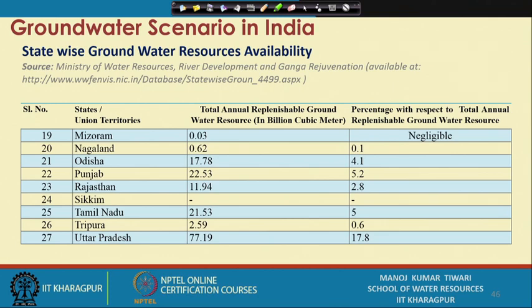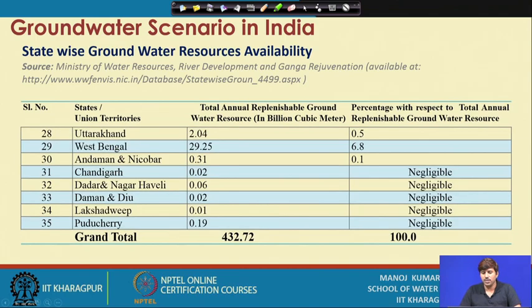In this regard, UP is one of the major states in the Indo-Gangetic Basin, the Ganga river basin, along with Bihar. So, this has substantial potential of annual replenishable groundwater, 77 billion cubic meter, which is around 18% of the total.